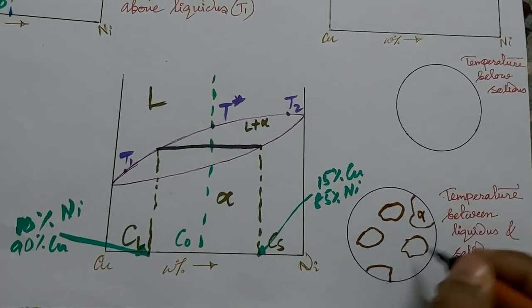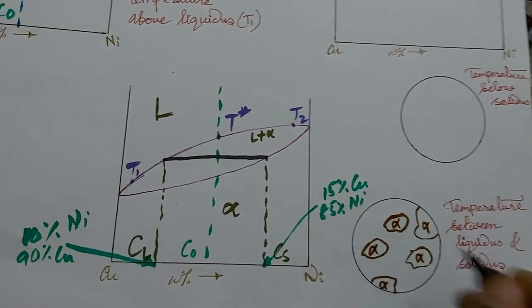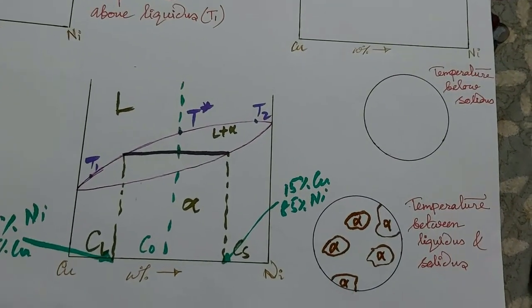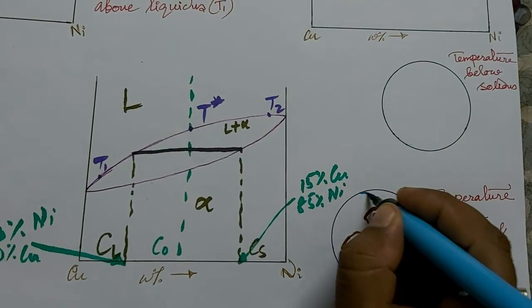So these are our alpha components, and the remaining is liquid.